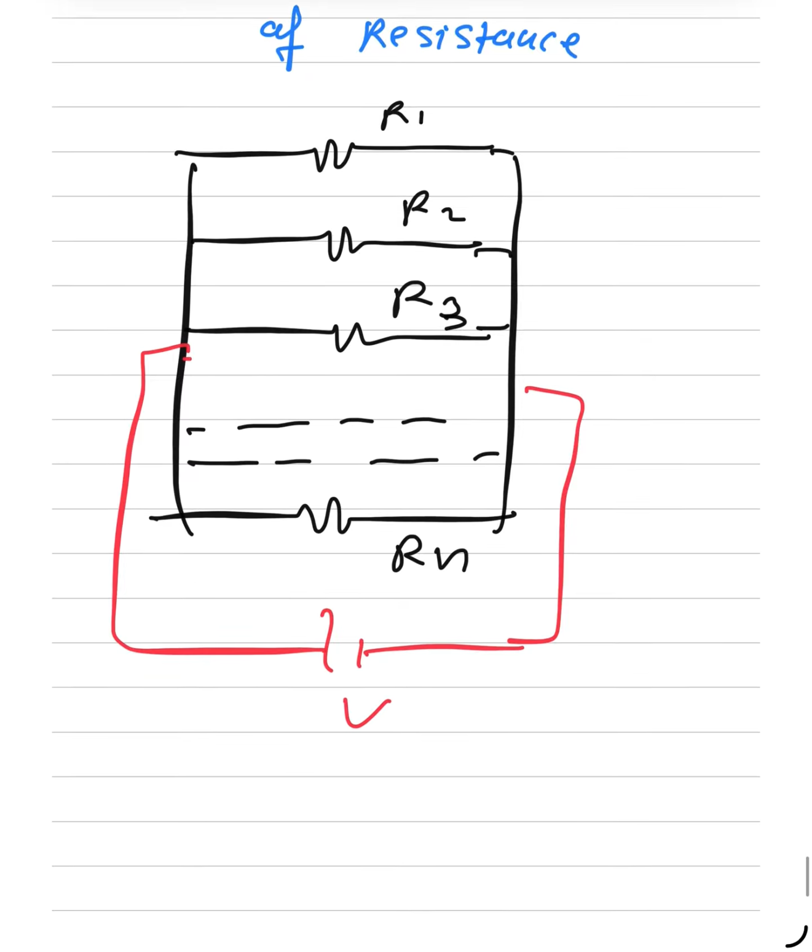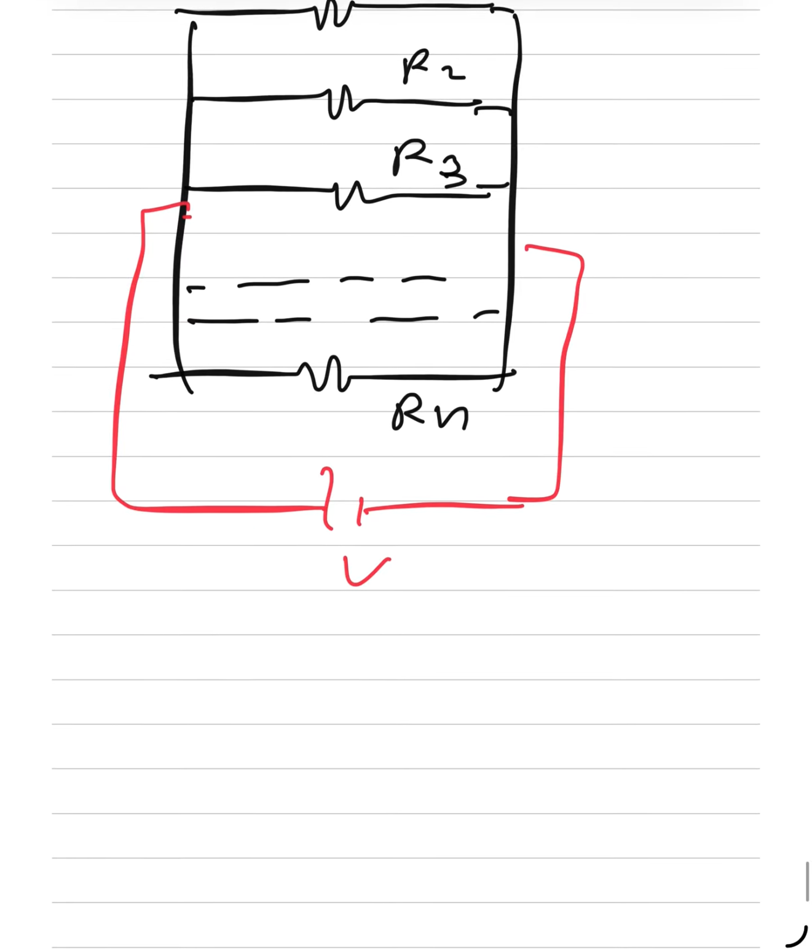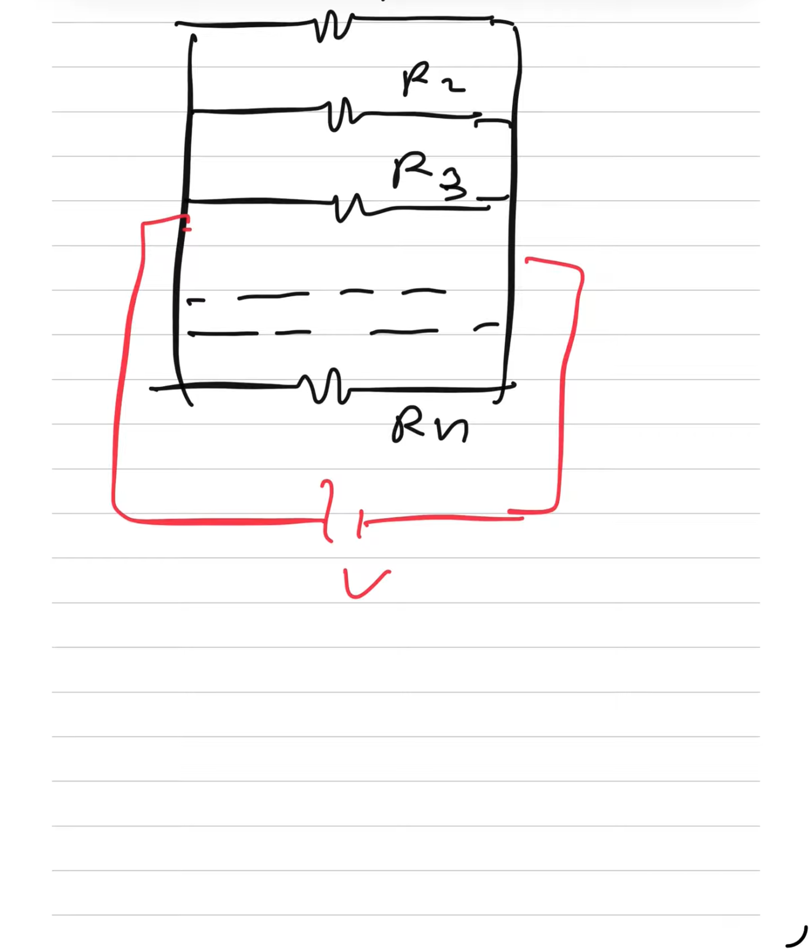Potential difference V, and in this situation the potential difference across each resistance remains the same, meaning R1 has potential difference V, R2 potential difference V, but current can be different.